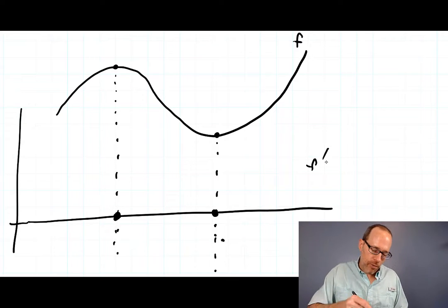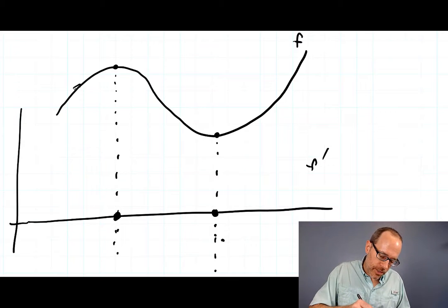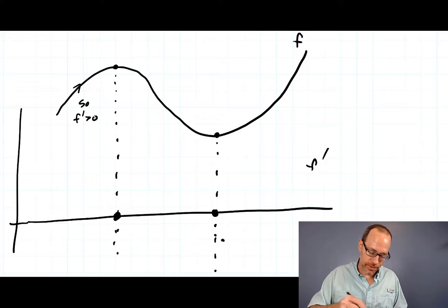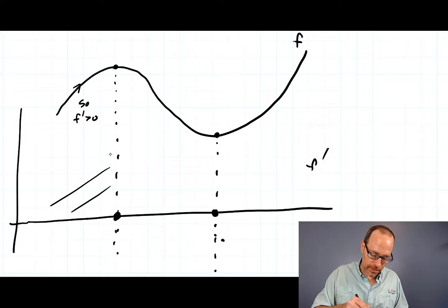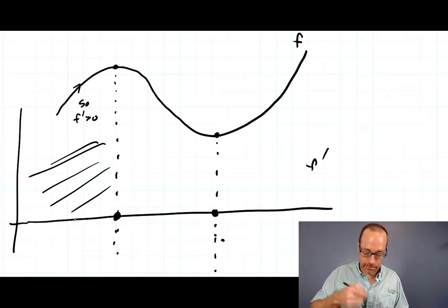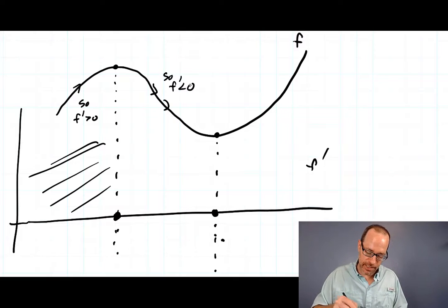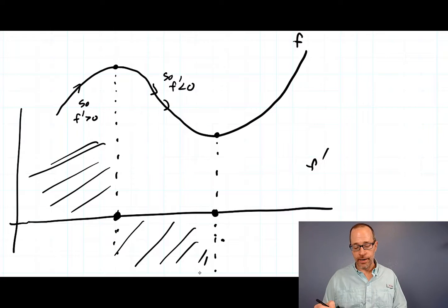Now over here your function is increasing. It's going up so the derivative has to be bigger than 0. That means above the x-axis. Here your function is going down, so f prime has to be negative, as we said. So being negative means underneath the x-axis.